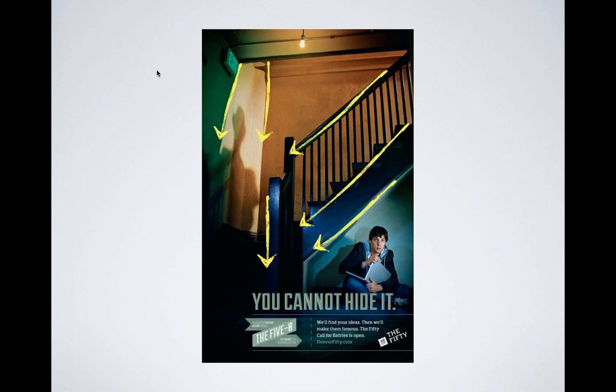And the use of leading lines, and this is something I think for the most part, everyone had a good idea of how the leading lines worked. The stairway are the most obvious use of leading lines, with the handrail and the line of the stairs kind of taking us down and pointing us towards the shadow.